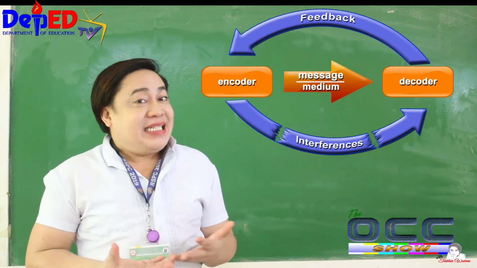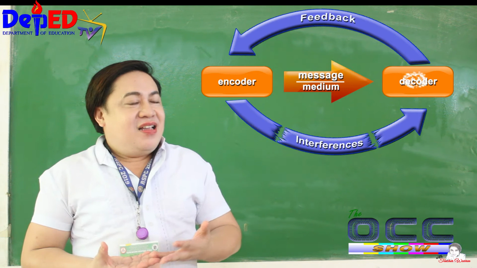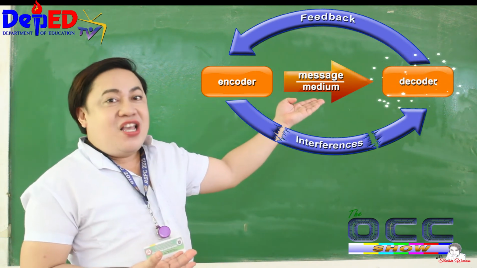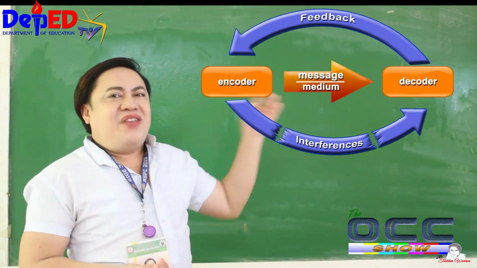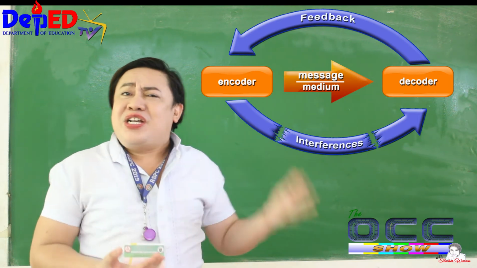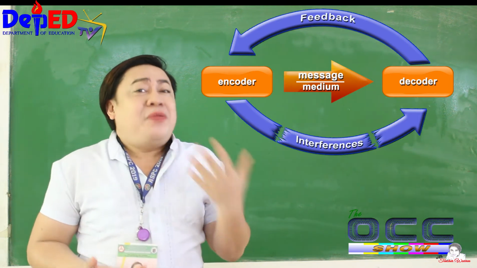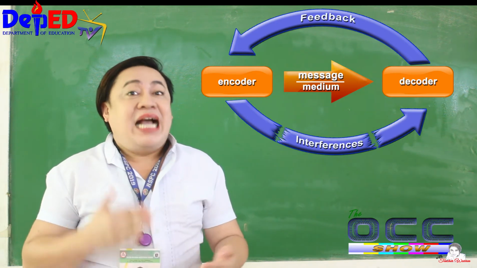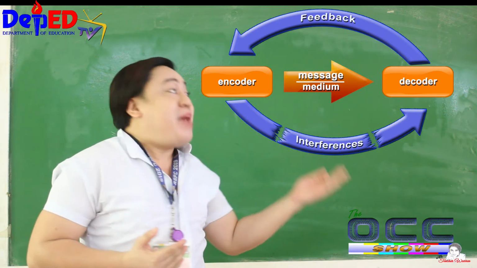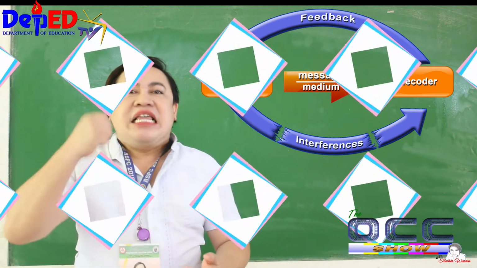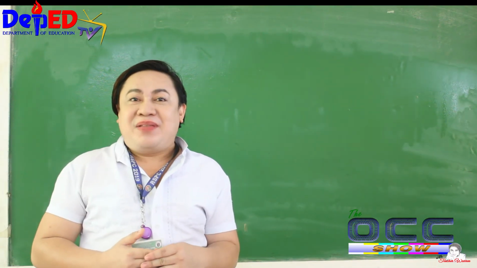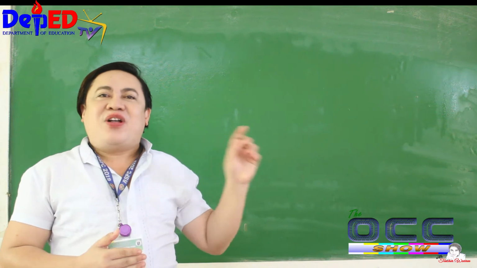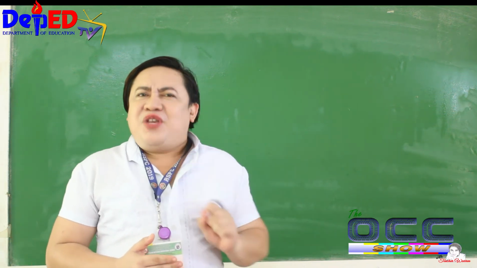And when decoding is successful, the decoder is then capable of giving feedback. Feedback comes in the form of a suggestion, reaction, or reply to a question. And if those feedbacks are relevant and significant with respect to the message of the encoder, then we can say that communication is complete.